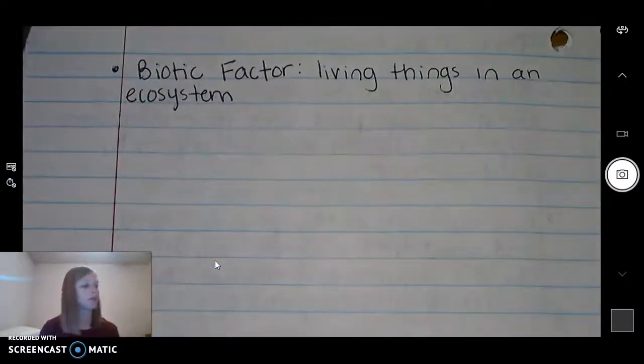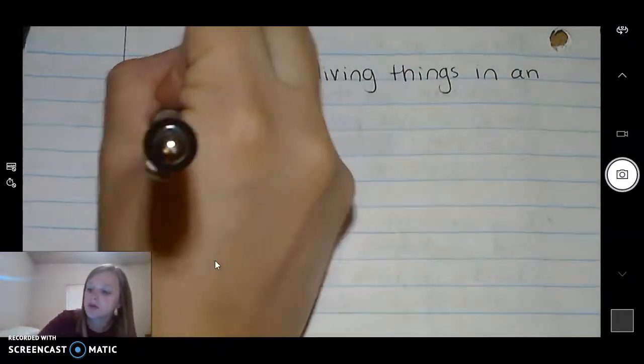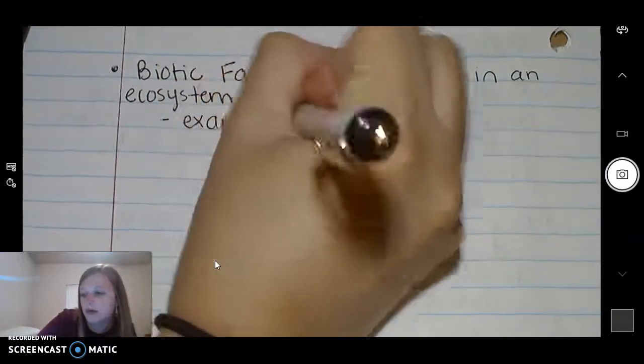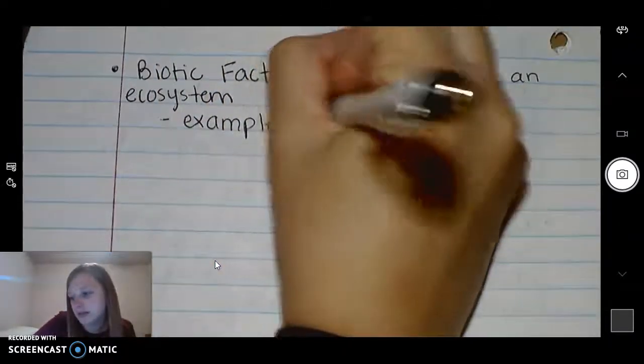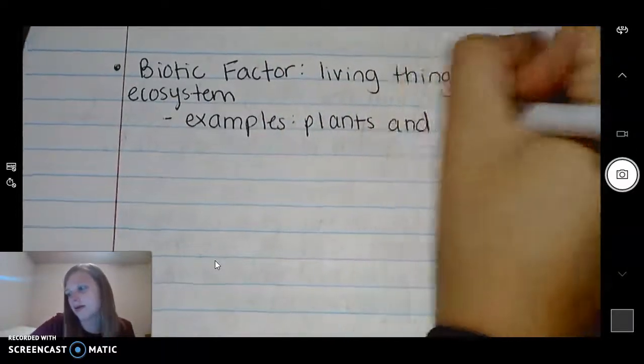Okay, so some examples of biotic factors would be simply the animals and plants. Those are the living things in an ecosystem. Okay, so we're going to add that to our notes as well. Examples are plants and animals.